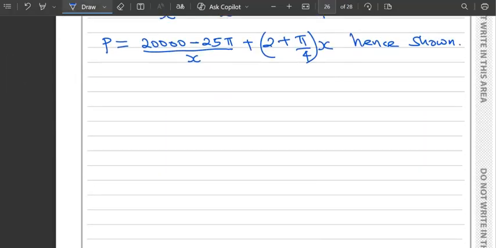So first we are solving part C. So part C here will be minimizing p.